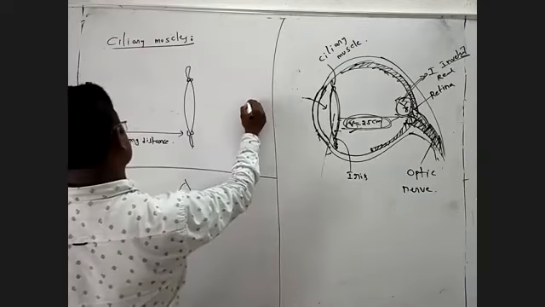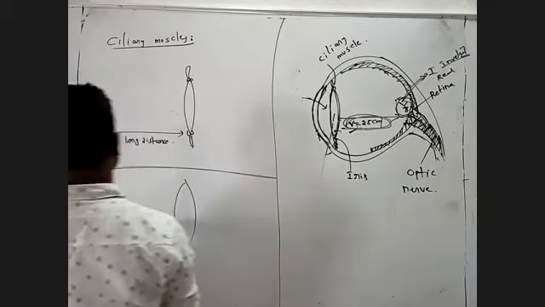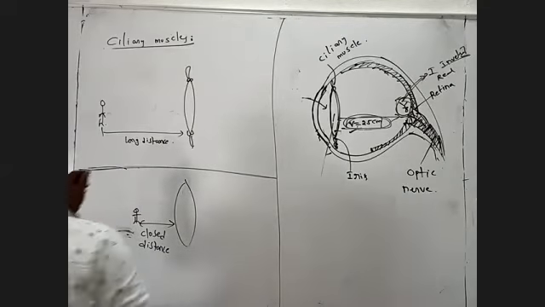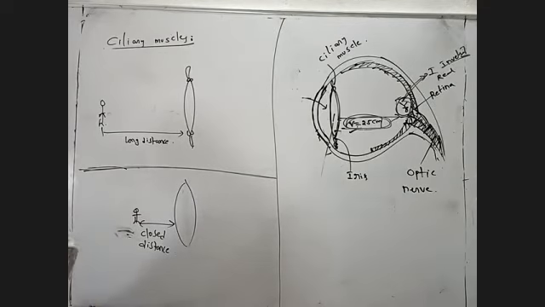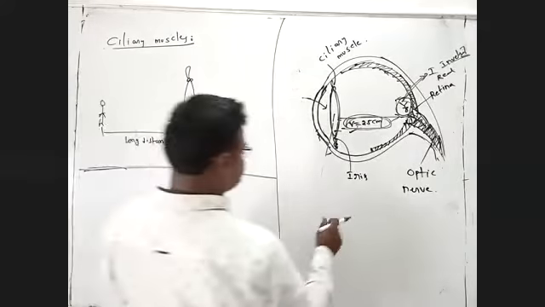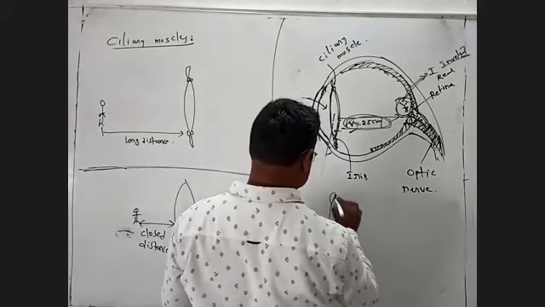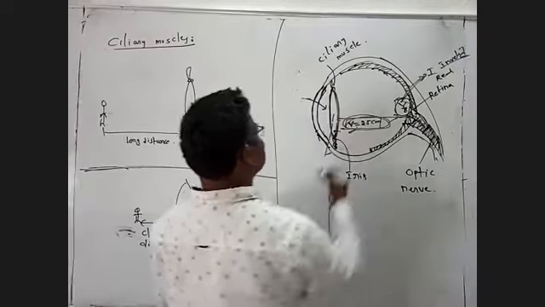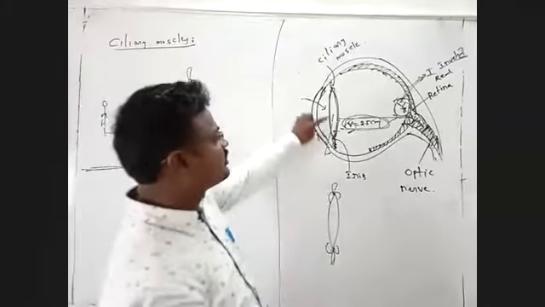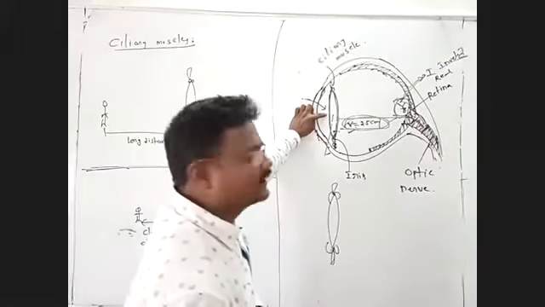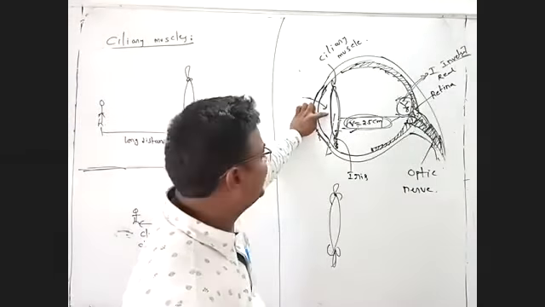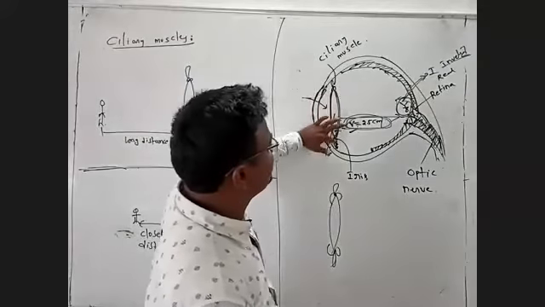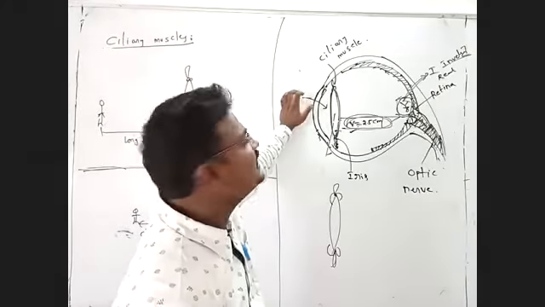Here, this is the position of the lens, the crystalline lens. This is a convex lens. The convex lens is held by the ciliary muscles.